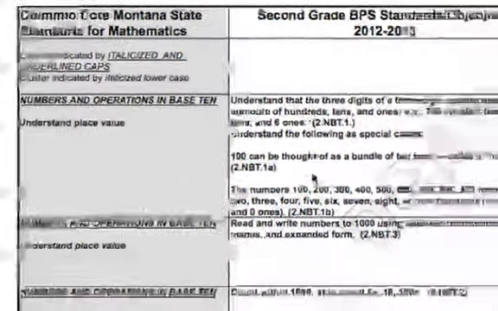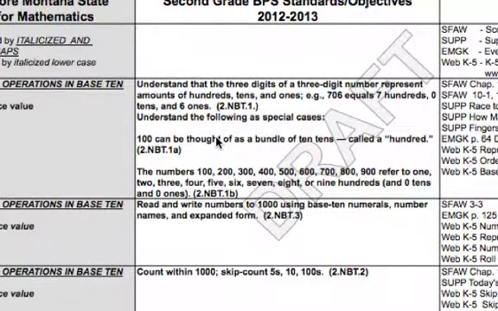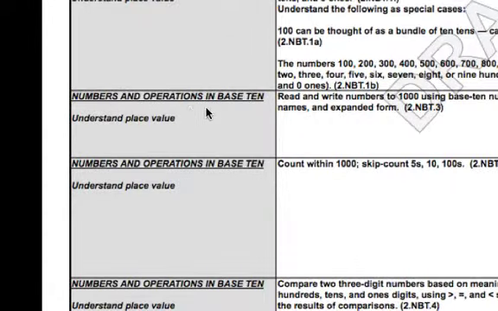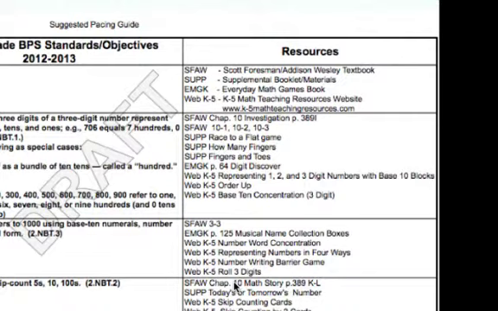In the center column you're going to see the standards. So 2.NBT.1 here is defined. The standard in this area right here is 2.NBT.3. Notice that NBT stands for the domain, numbers and operations in base 10. Then over here on the right hand side are the resources.